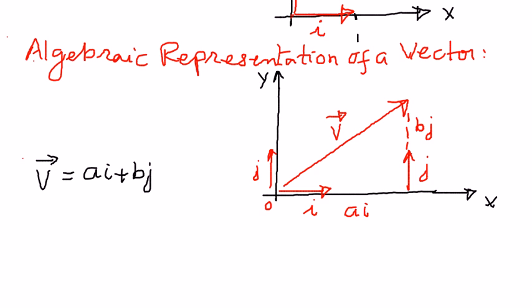If i is a vector of unit length in the direction of the positive x-axis, and j is a vector of unit length in the positive y-axis, then any vector v, which is here, can be represented as ai plus bj, where a and b are the magnitudes of the horizontal and vertical components respectively. This is what is called the algebraic representation of a vector.